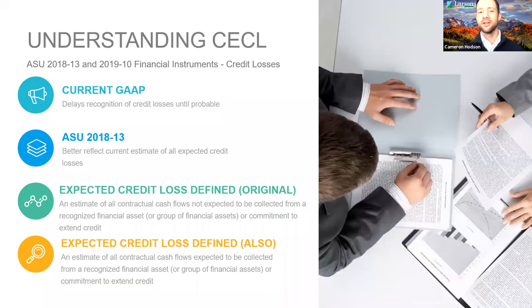And so the difference there is just whether, in the first scenario, your estimate is not expected to be collected, then that's the amount of your allowance. We'll talk about that in a second. Second scenario, expected to be collected, is your new measurement point that you'll write your asset down to, the difference being the allowance. And we'll look at those measurement points here in the next slide.